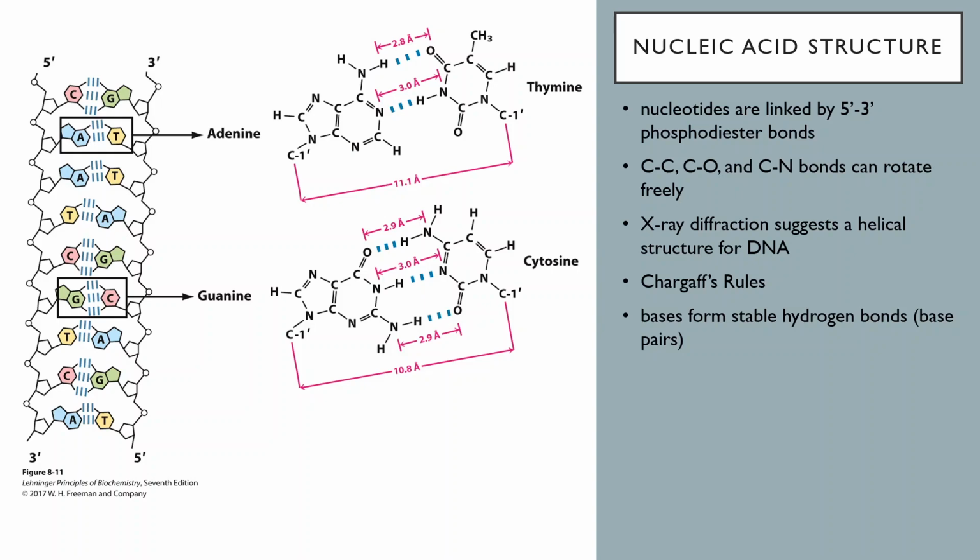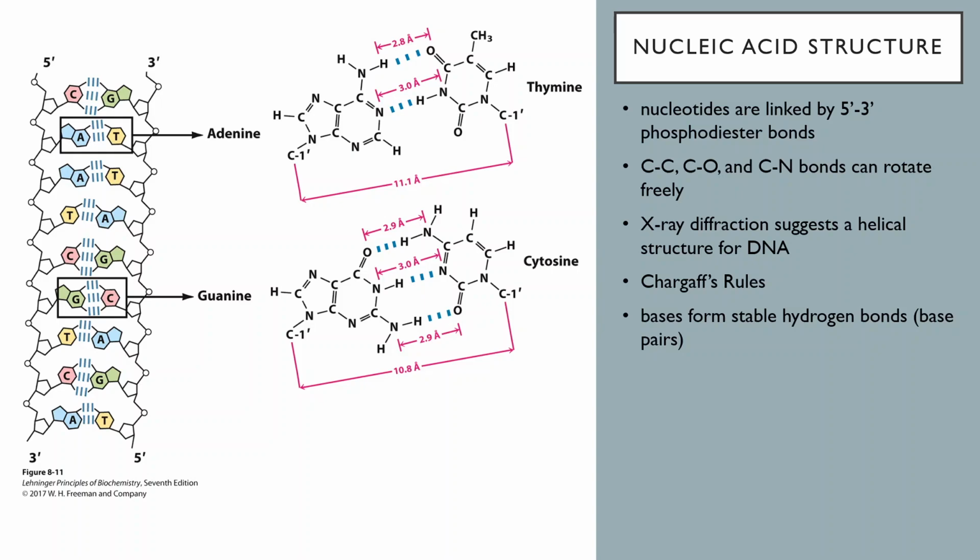So this relationship between adenine and thymine and between guanine and cytosine comes from the fact that those bases have the ability to form very precise linear hydrogen bonds, and when they're paired this way, we call them base pairs.